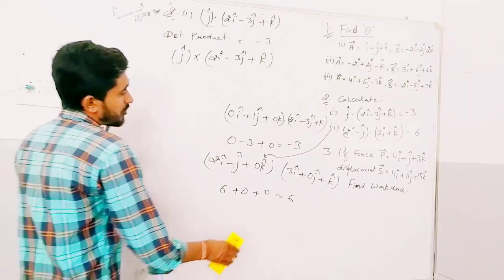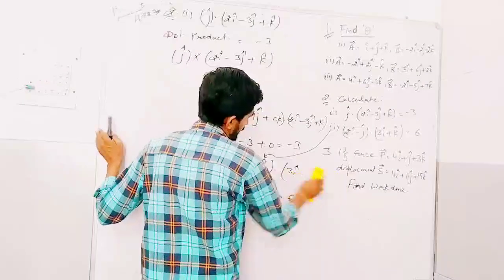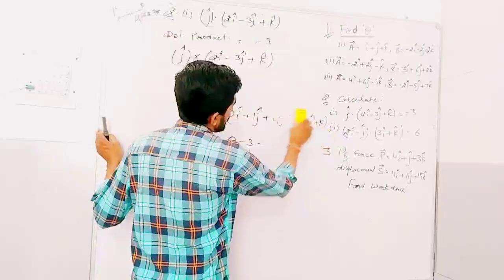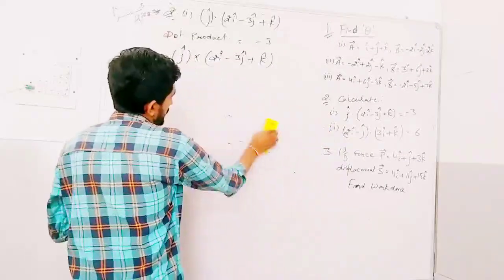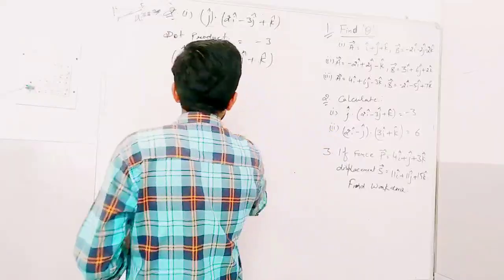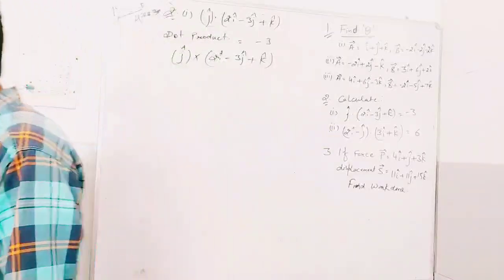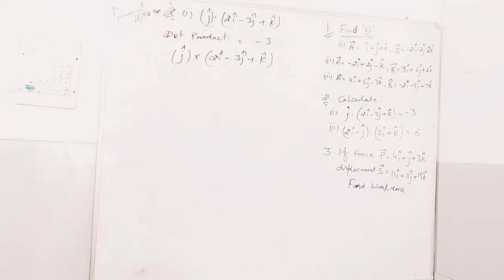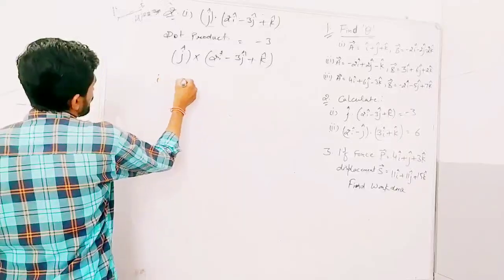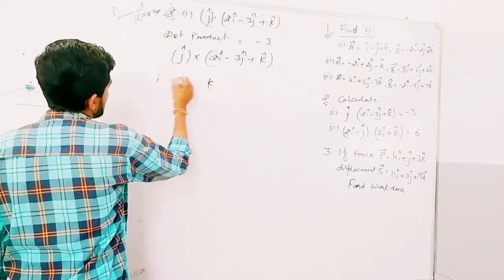Now we will find the cross product of these two vectors. Let's find out the value of the cross product. For the first part we have i, j, k.